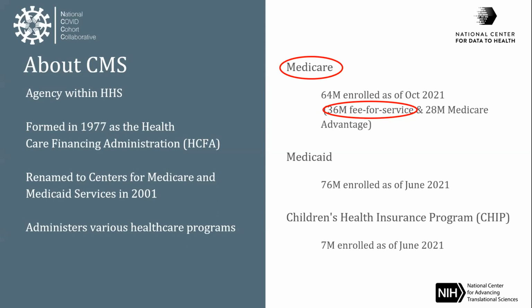And then there are two types of Medicare. There's what's called fee-for-service, and that's more like regular insurance that most of us probably have, traditional insurance like Blue Cross Blue Shield or United, where a patient can go wherever they want.